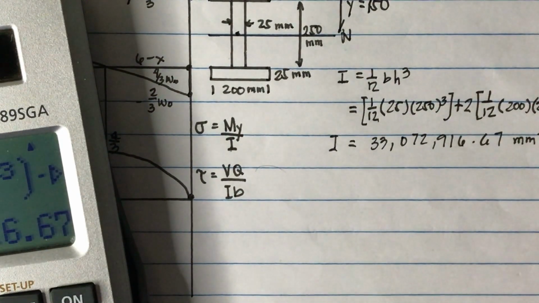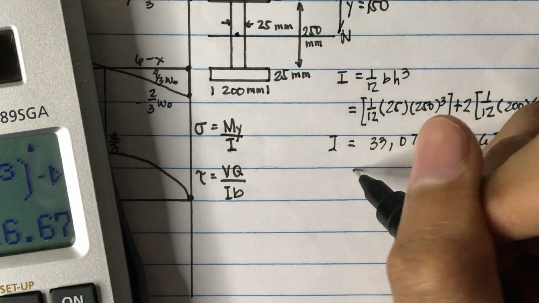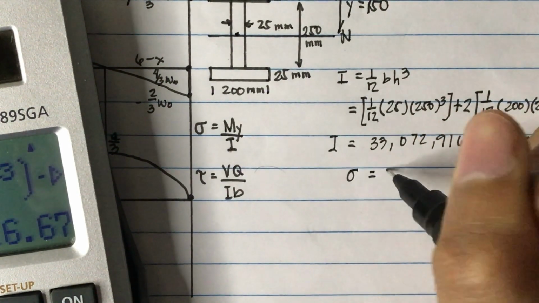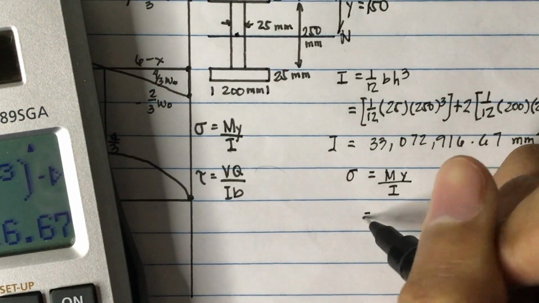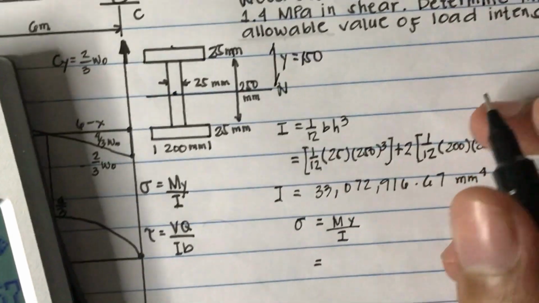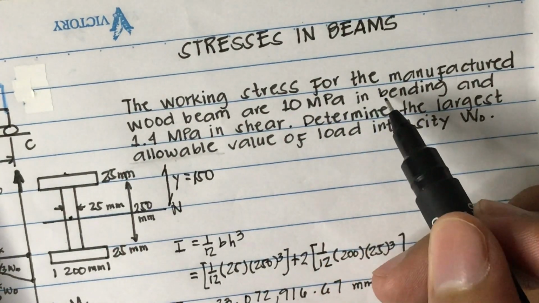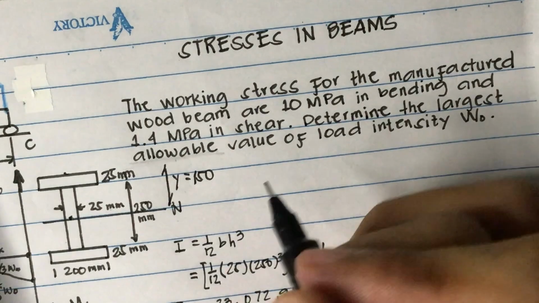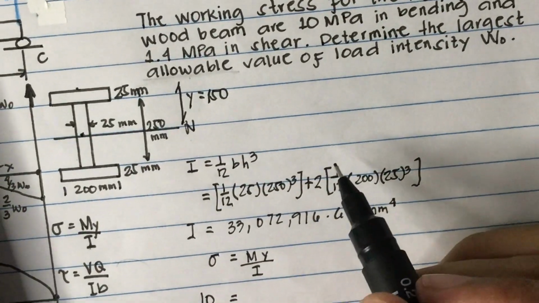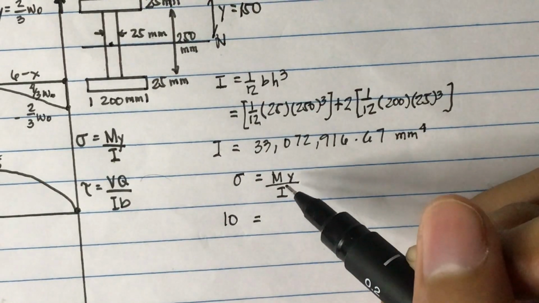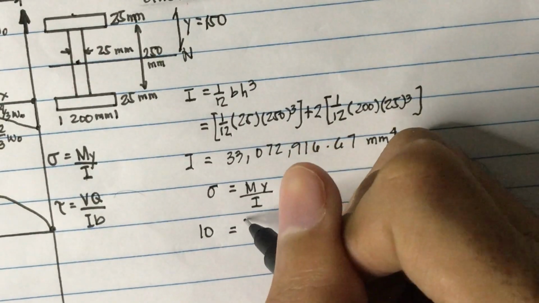So, compute na nato ang bending stress, which is ang formula sigma equals M y over I. Since the condition is natin 10 megapascal sa bending stress, so 10 and M moment nga 4/3.